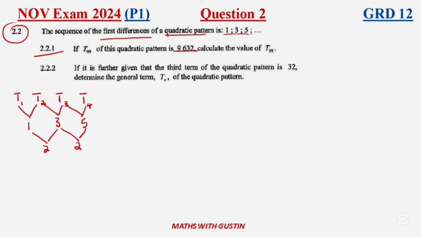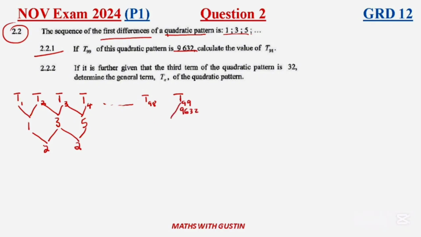They are saying if T99 of a quadratic pattern, it means you have gone around here and then you get to T99, 98 here, and then also T99 somewhere there. So they are saying T99 of this pattern is given by 9632. So now they want you to find this one.